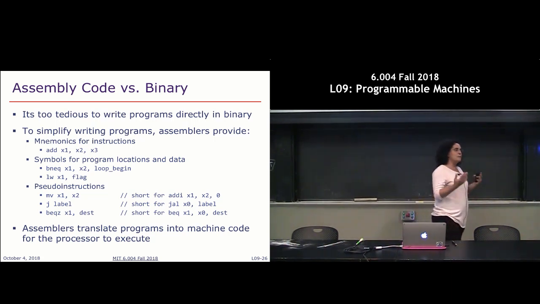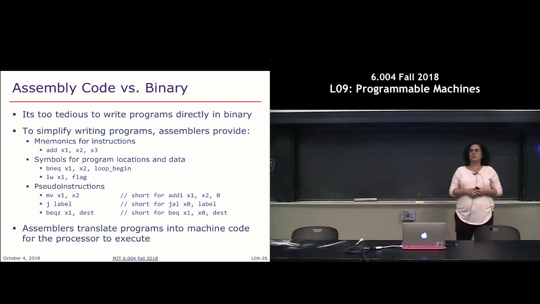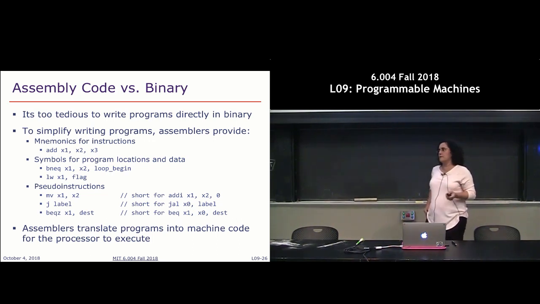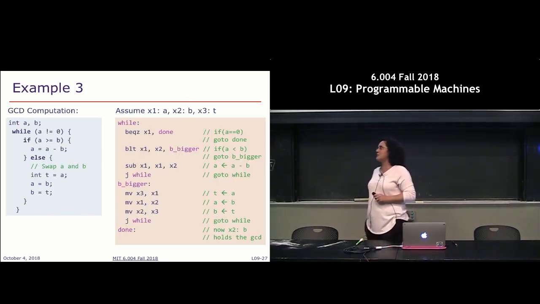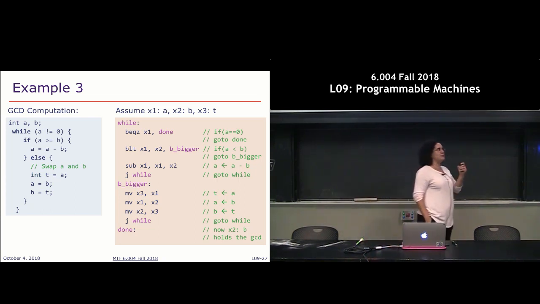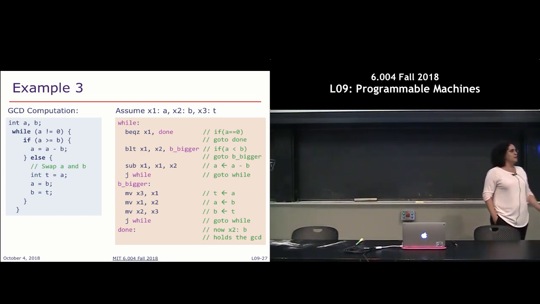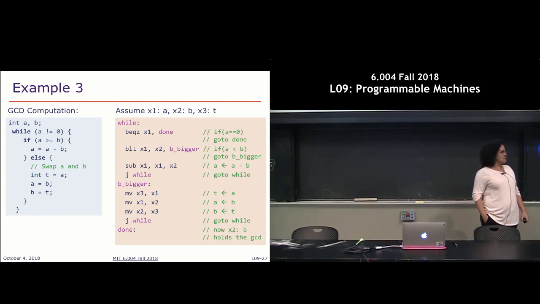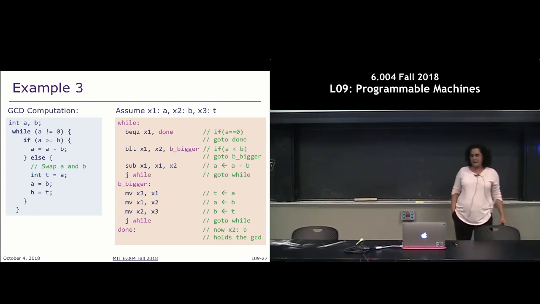Okay? And with all of that, at this point, you're able to write any program. If you look at the last slide of today's lecture, you'll be able to go through how you would actually implement the GCD code using RISC-V instructions. Okay? That's it for today. Thank you.